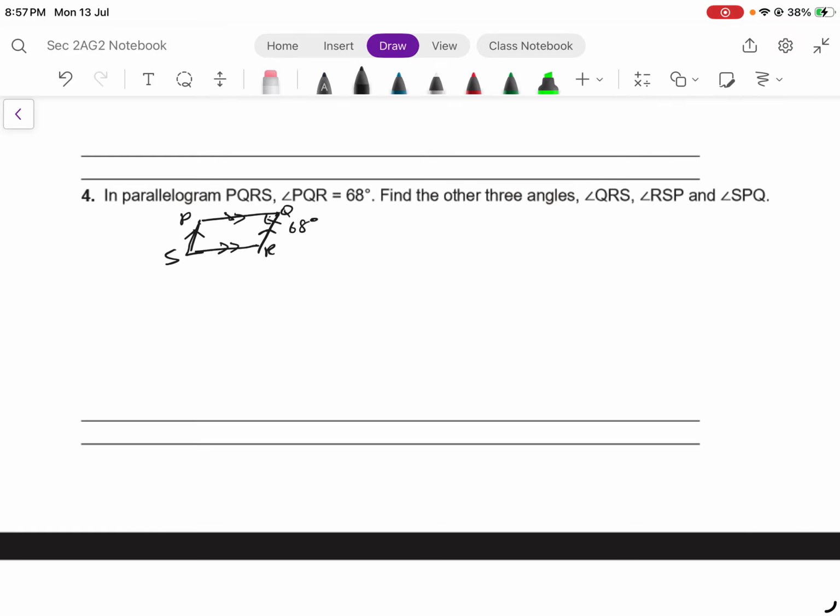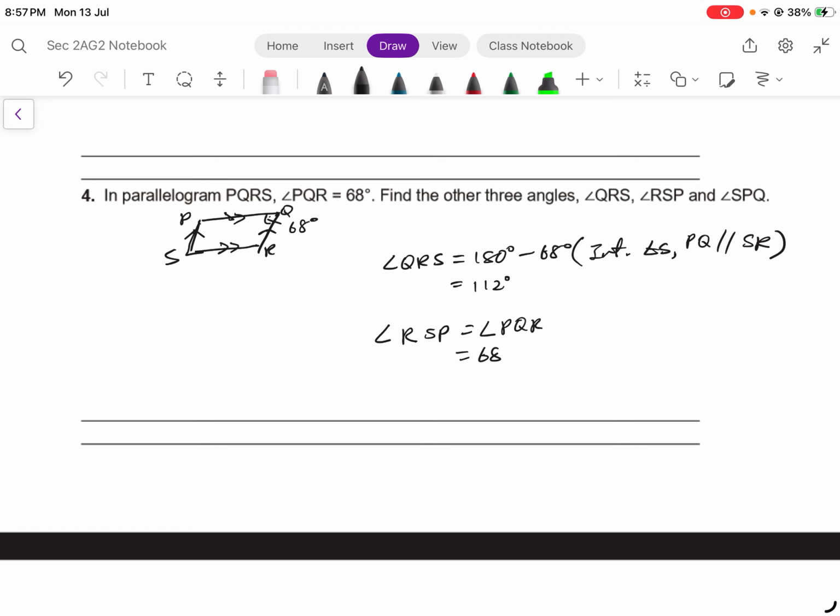That means angle QRS equals 180 degrees minus 68 degrees, equals 112 degrees, because of interior angles, since PQ is parallel to SR. Then angle RSP equals angle PQR equals 68 because they are opposite angles of a parallelogram.